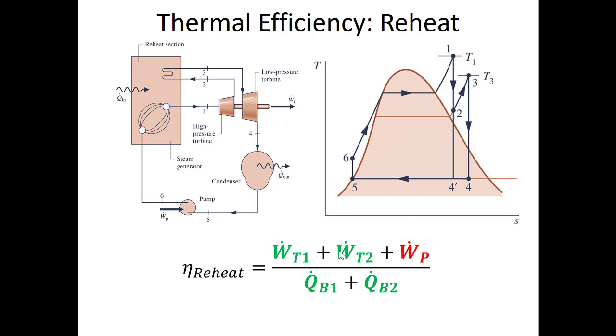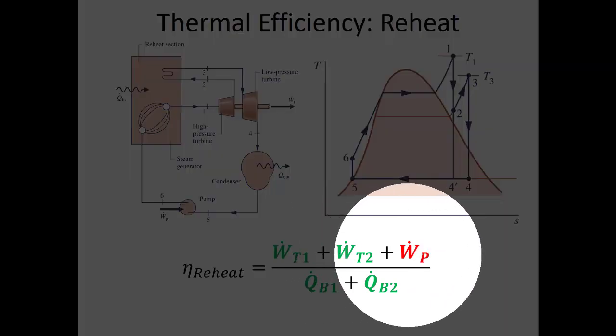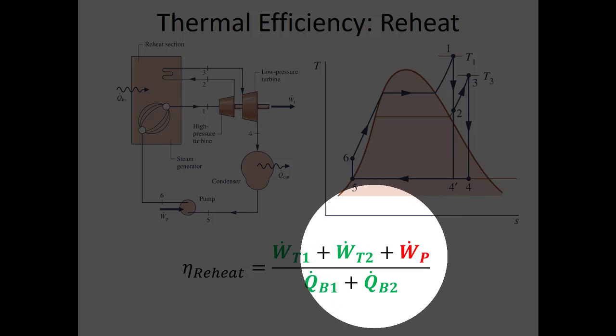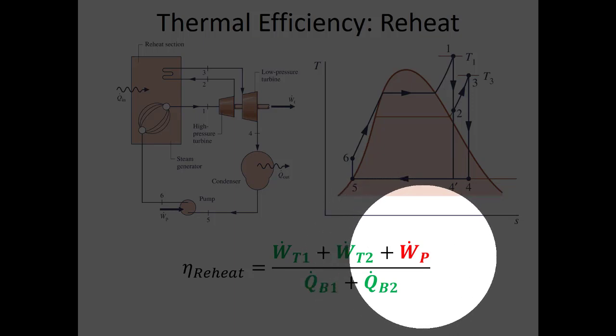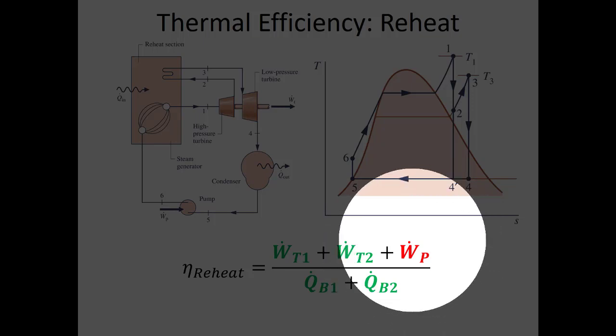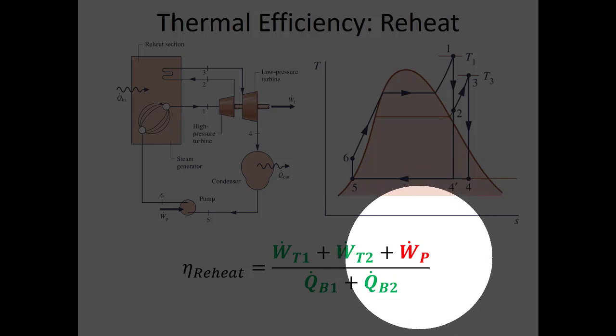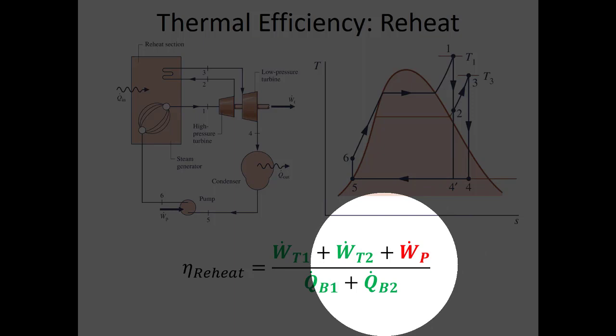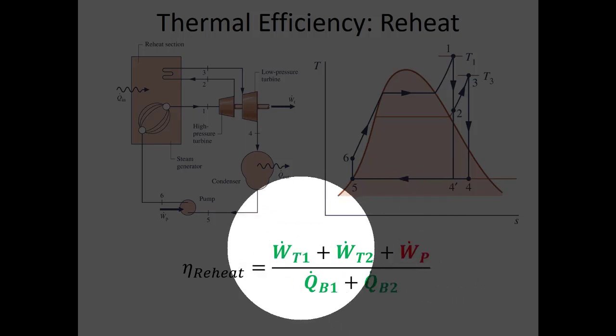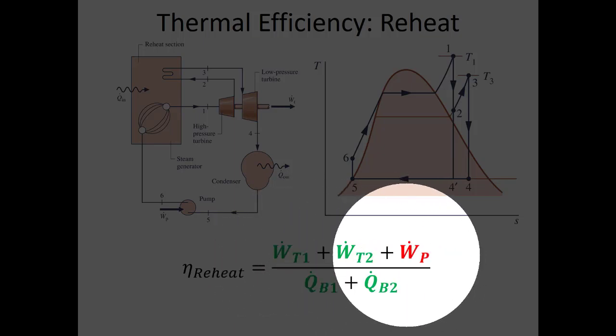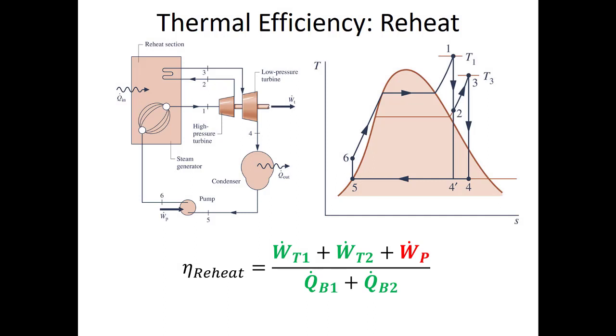Now, if we can do that, then we add them all up and we don't subtract the pump power, because the pump power is going to be negative. So if we subtracted the pump power and we let the first law figure out what this sign should be, then we'd be subtracting a negative, and it would look like we're adding power by putting the pump in when really we're subtracting from the net power.